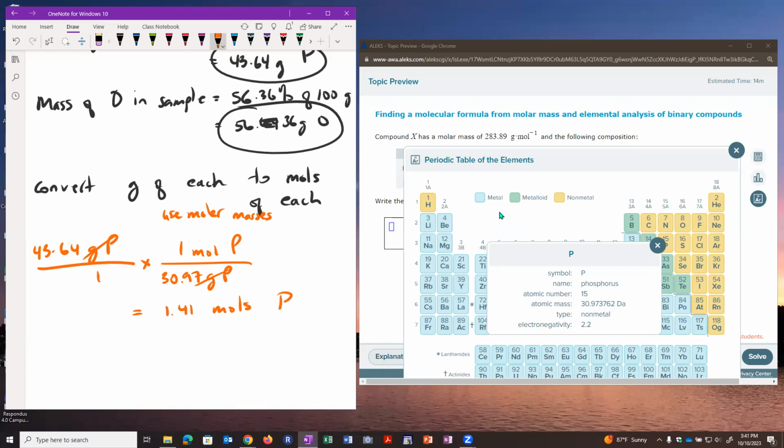I do the same thing now for the other component, the oxygen. So I have 56.36 grams of O, put that over 1.